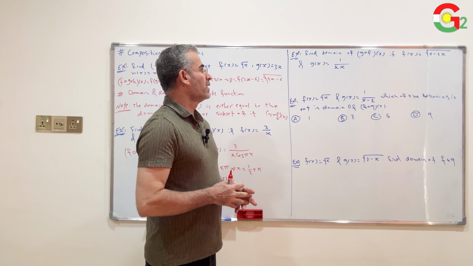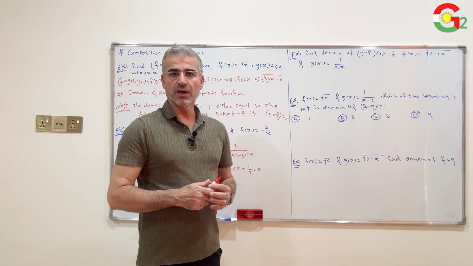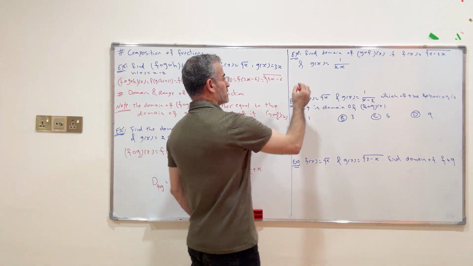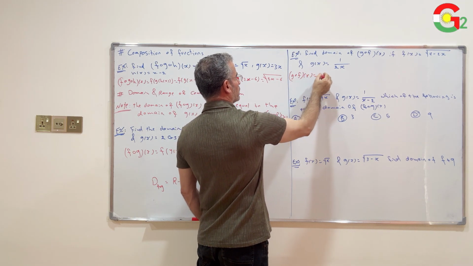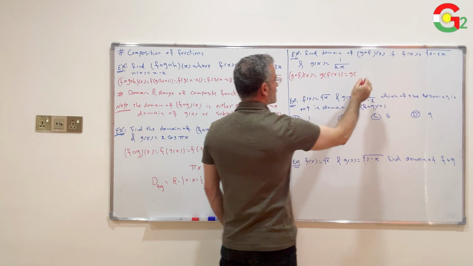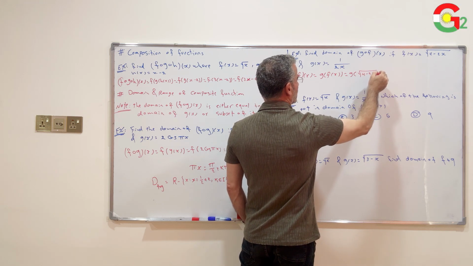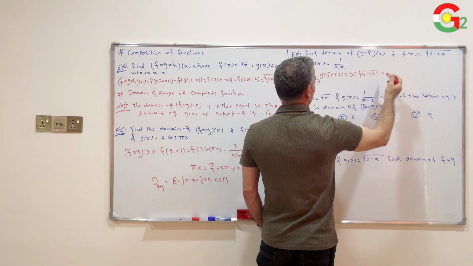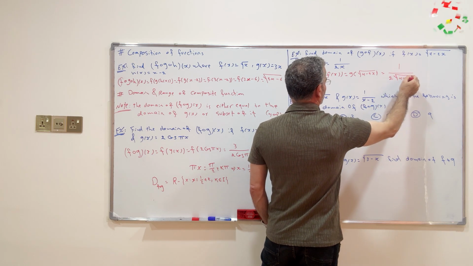Example: find the domain of g circle f of x if f of x equals square root of 4 minus 2x, and g of x equals 1 over 2x. g circle f of x equals g of f of x, which is g of square root 4 minus 2x. In the function g, replace x with the square root of 4 minus 2x, which gives 1 over 2 square root of 4 minus 2x.